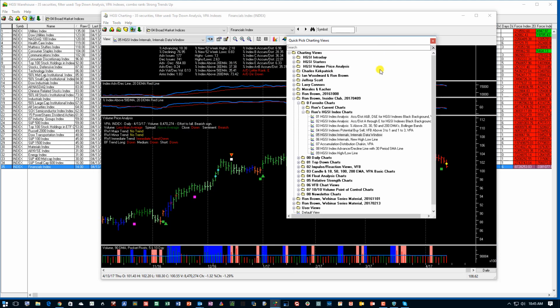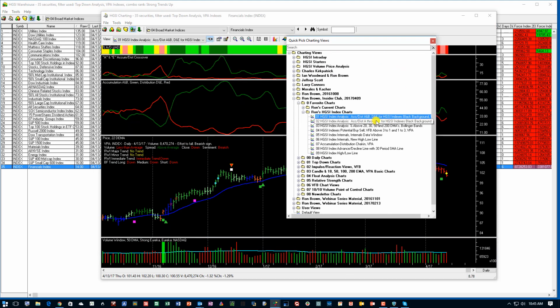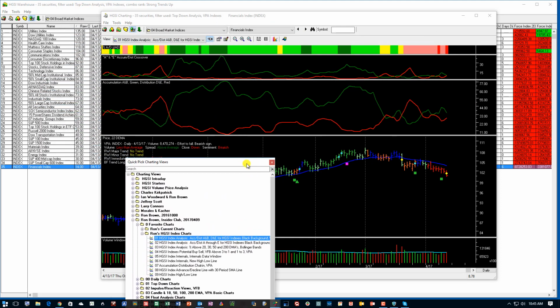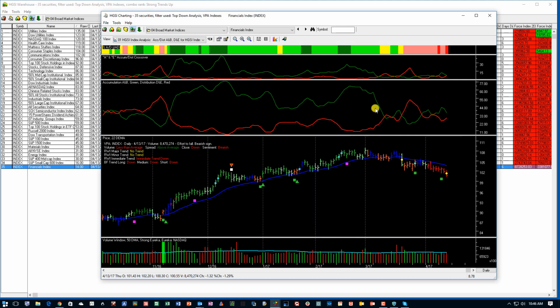Maybe a better look at this would be to look at accumulation distribution based upon the A versus the E's, and actually this window right here shows me the A and B accumulation, which is represented by the green line, and the D and E. Still positive, but the accumulation has turned down on the A plus B, and the D and E has turned up. So it's certainly lost momentum.